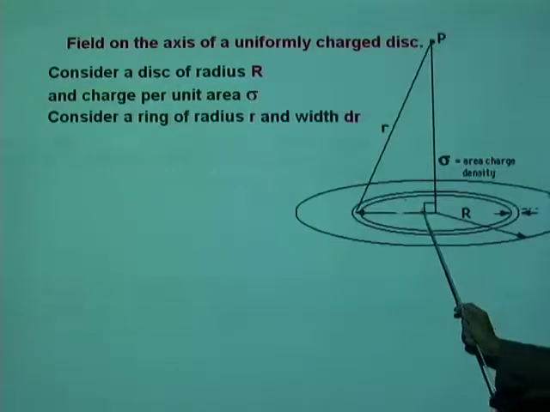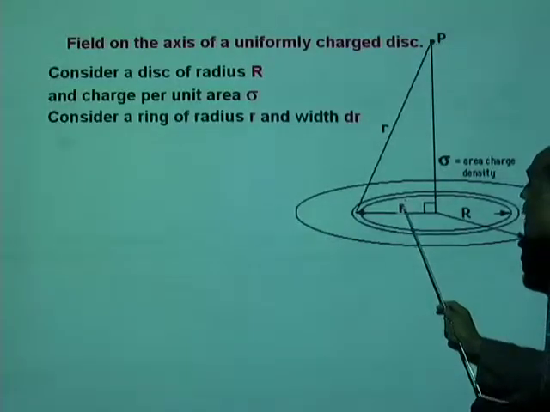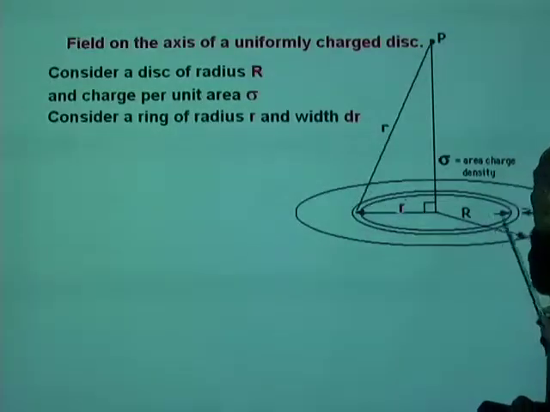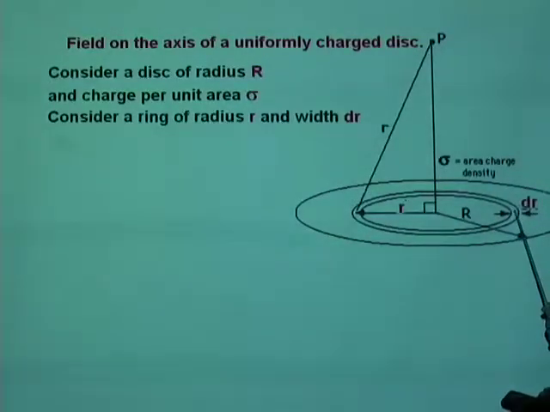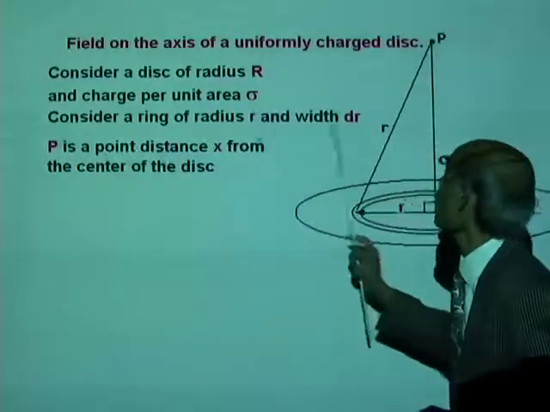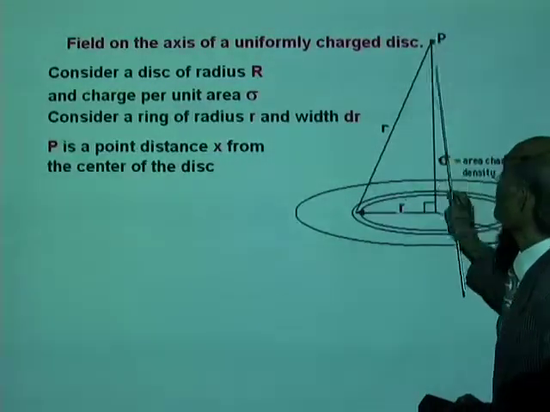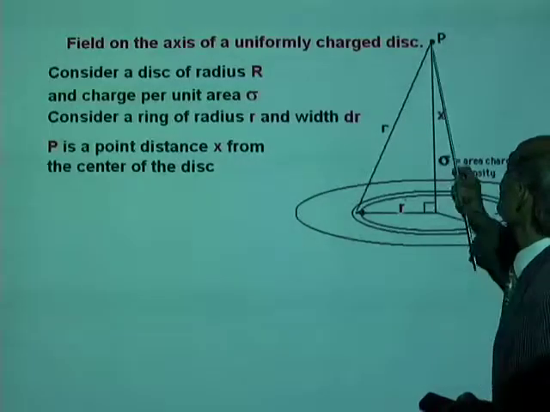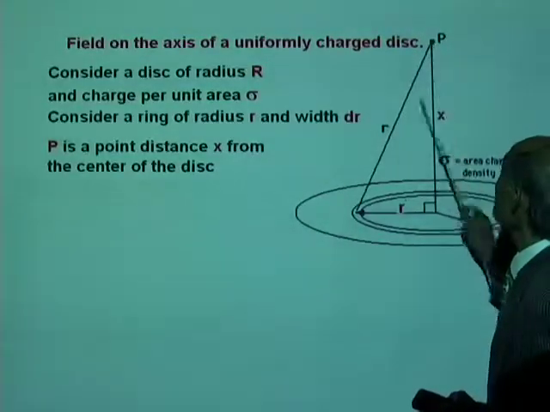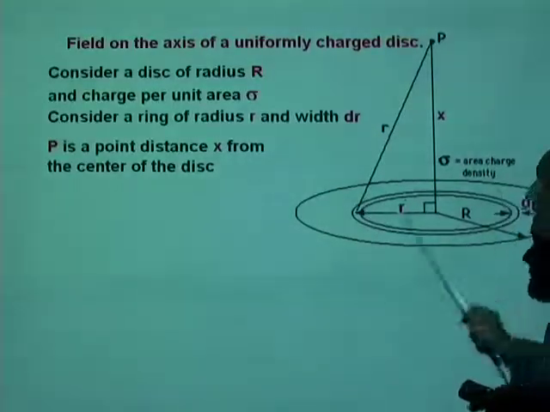The radius of this ring is small r and its width is dr. This width is dr. Alright, P is a point distance x from the center. This is the distance x. We need to find the electric field at P due to this entire disk.